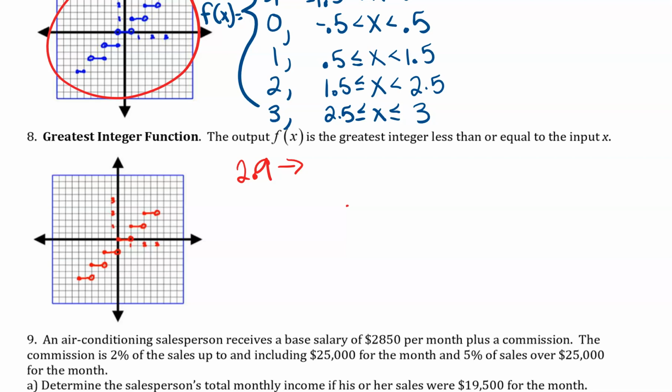So 2.9 rounds down to 2. Even 2.9999999 would round down to 2. So basically anything that starts with 2 point something rounds to 2 in this case, which is how we get this function.